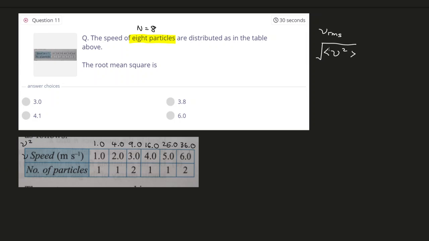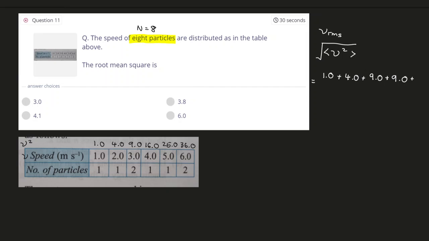Once you get V square, the next step is you find an average. Average means you sum up everything, then divide by the number of things. There are 8 particles, so you need to sum up 8 things, and you have to count that there must be 8 things. There's 1.0 one time, there's 4.0 once, but there are 2 particles moving with 3.0 meter per second, so you need to add 9.0 two times. It's not the speed of 3.0, it's the speed square of 9.0.